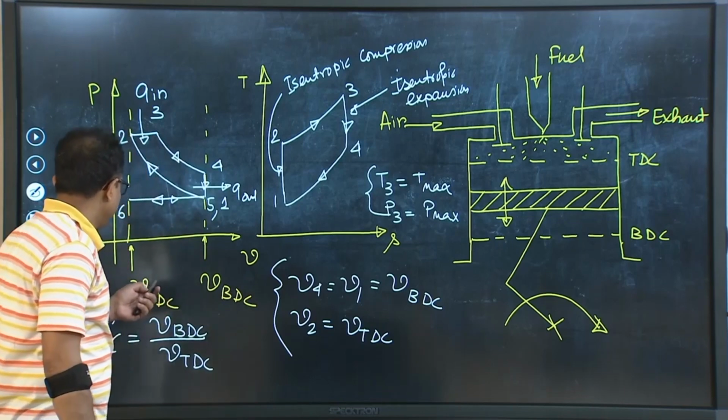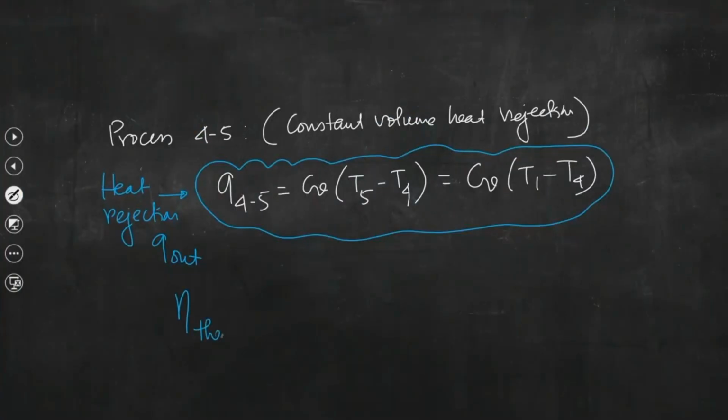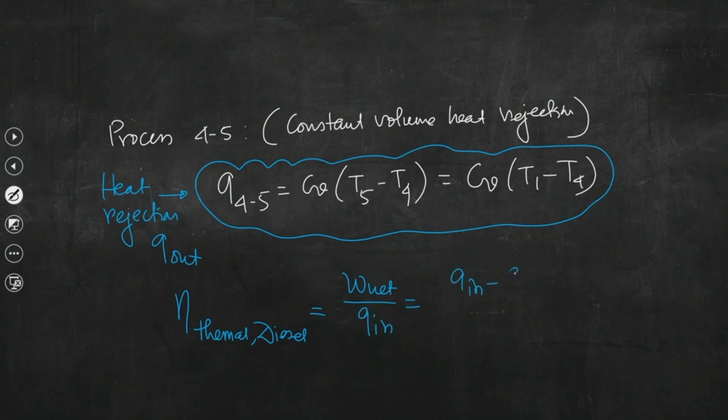So, if we go to the thermodynamic performance of the diesel cycle, that is equal to W net by Q in, that is Q in minus Q out by Q in, right.